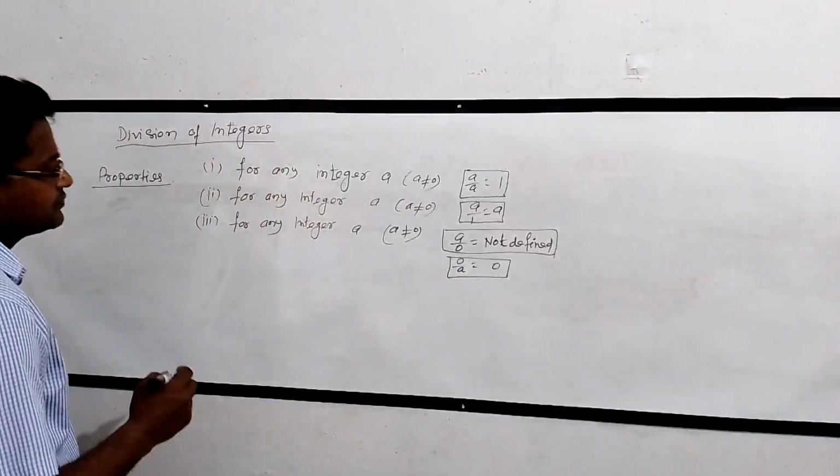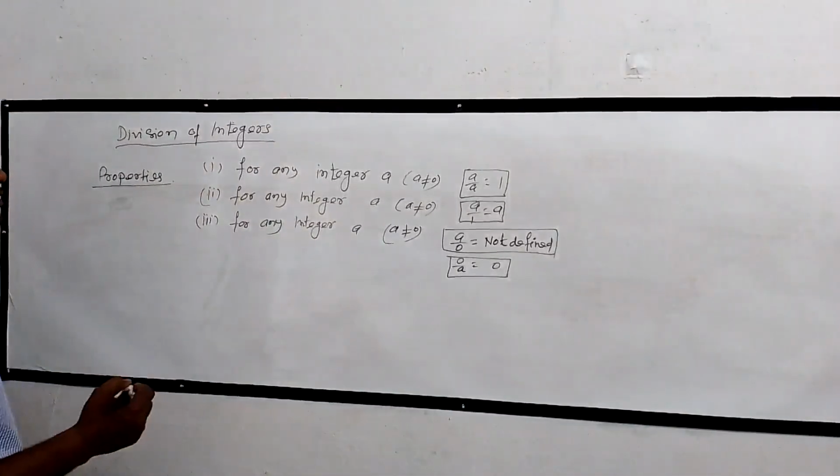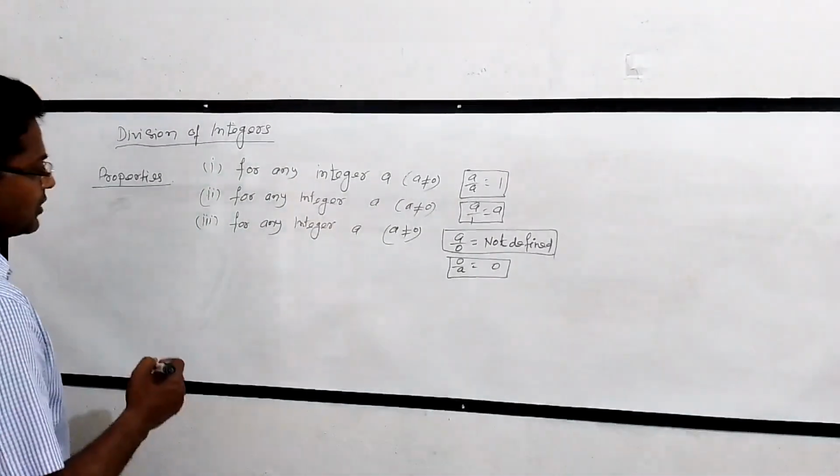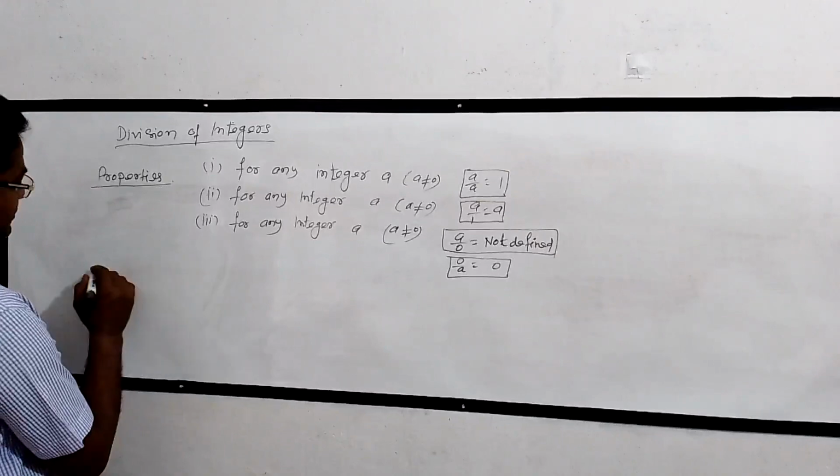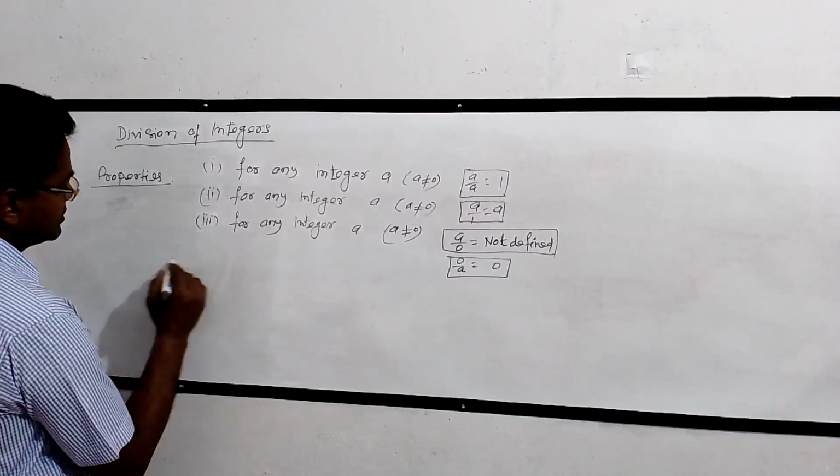Next one is the closure property. Fourth one is the closure property.